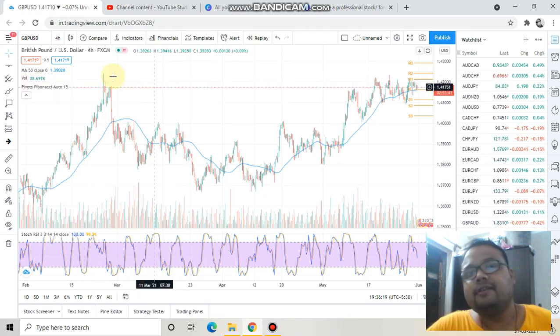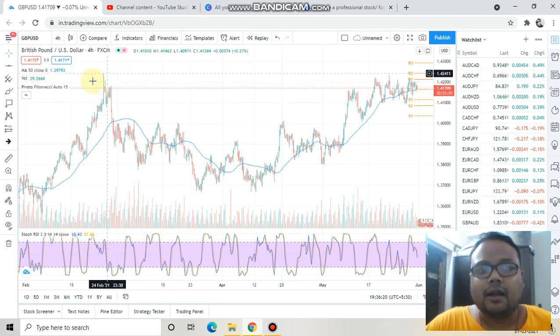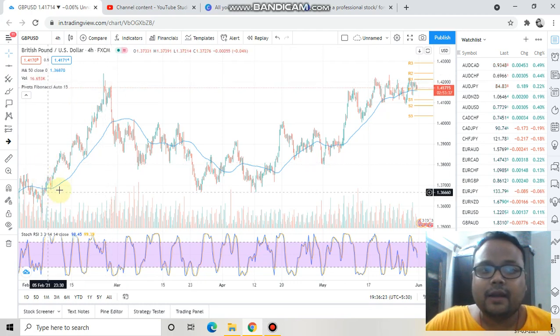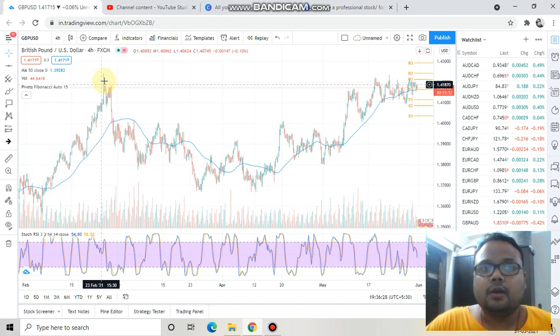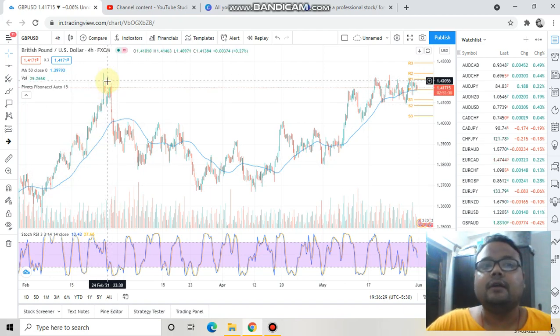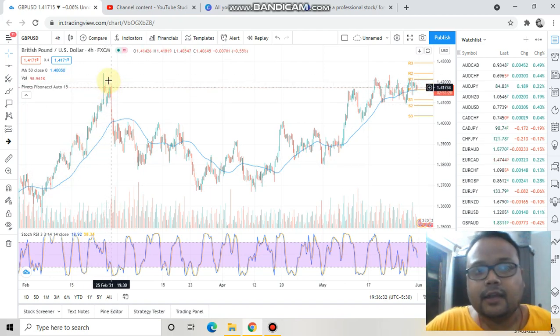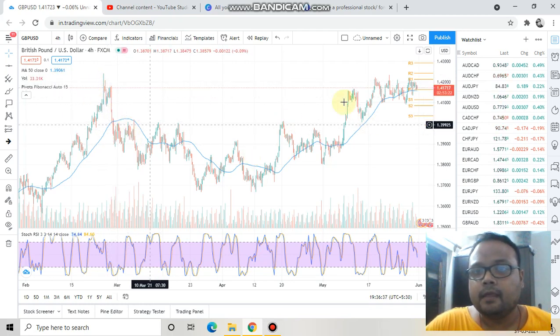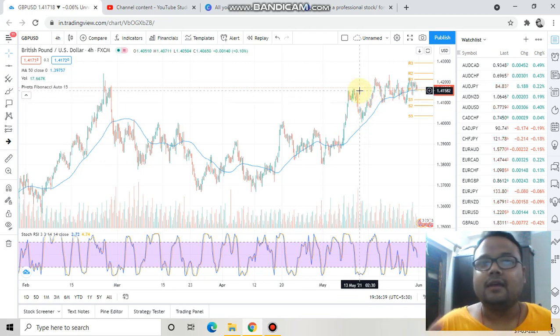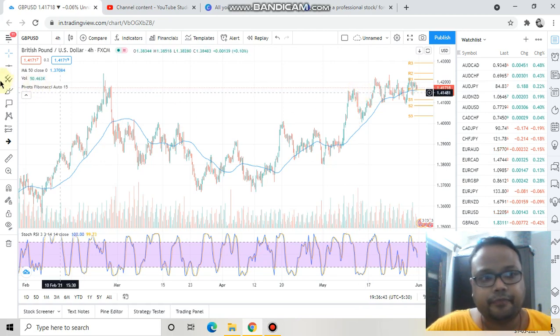This level is not allowing the market to go up, because when the market was going up in the month of Feb, it was very much bullish, but once it hit this level, it failed to go up anymore, and there was a sharp fall and the market came down. And right now the market is having resistance, unable to cross this price level.